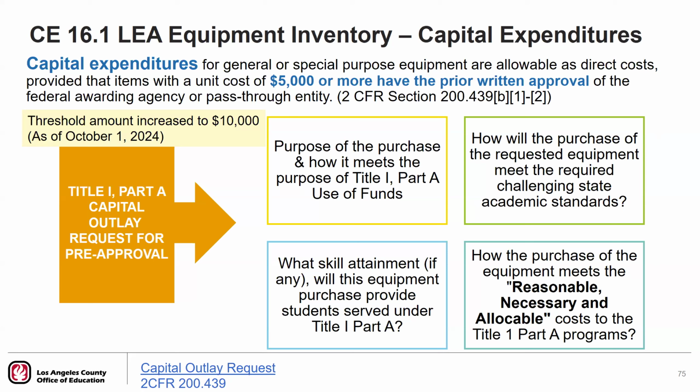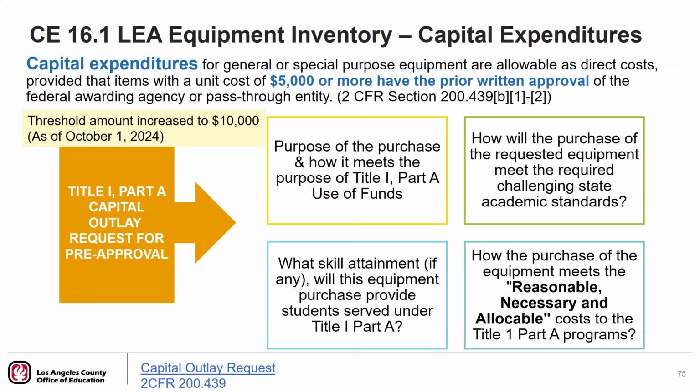So for the current FPM instrument, looking back at expenditures, the purchase for equipment using Title I Part A funds that exceed the $5,000 unit cost must meet all the requirements included on the slide. And these components must be addressed in a written request to CDE for approval prior to making the purchase.